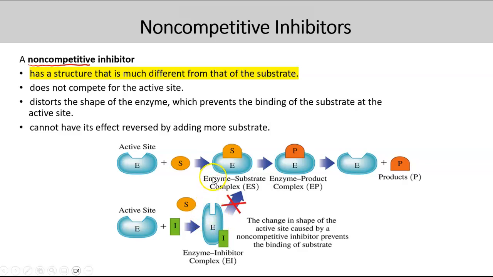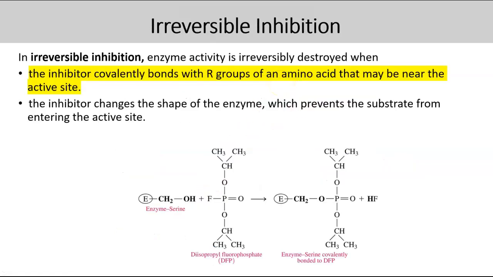Another thing you need to learn is irreversible inhibition. As the name implies, irreversible inhibitors completely destroy the enzyme activity because they covalently bind with the active site or groups of amino acids near the active site.